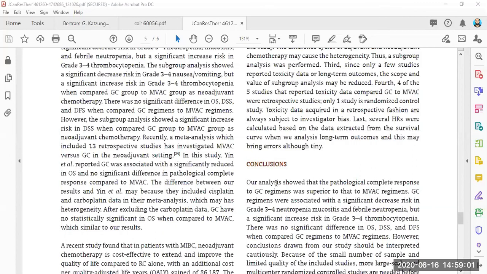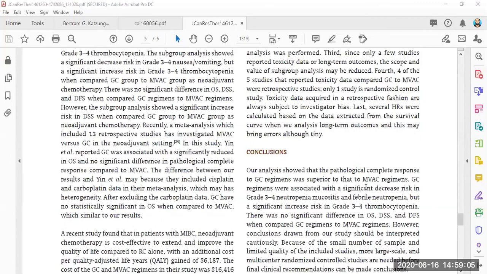The answer is in the conclusion. When I read the conclusion, they say that when gemcitabine and cisplatin are used in combination, they decrease the risk of grade 3 and grade 4 neutropenia, mucositis, and febrile neutropenia. So the adverse effects are less as compared to the other therapies, and in that context, they are talking about the beneficial effect of this therapy in bladder cancer.